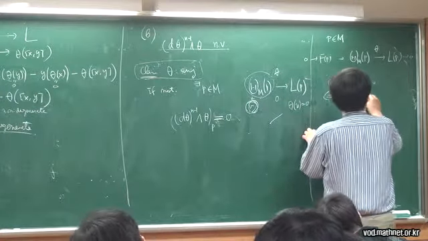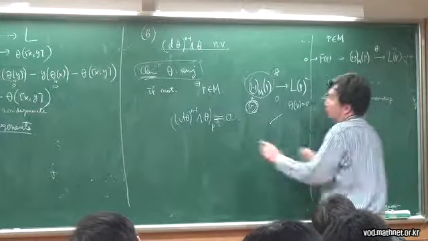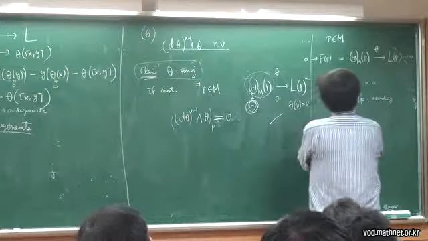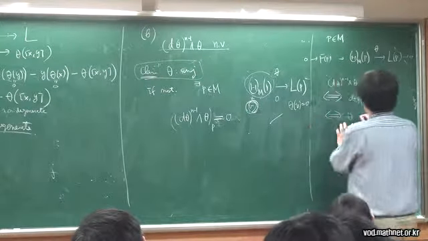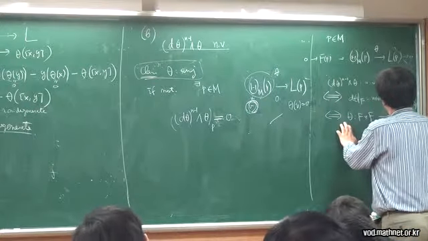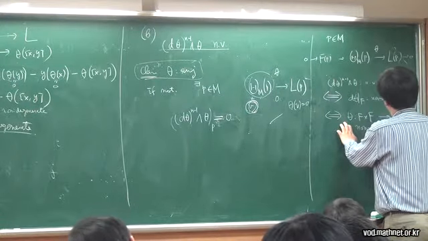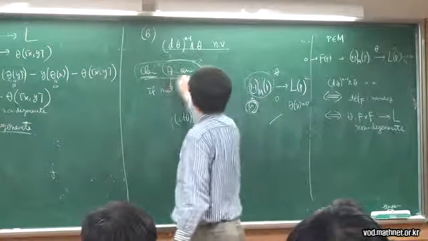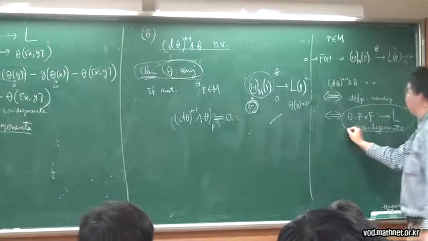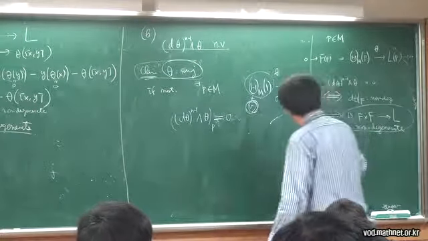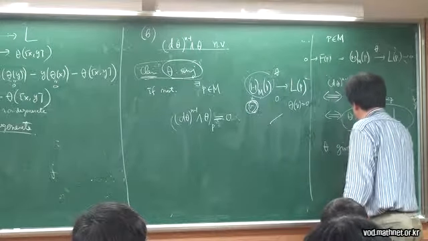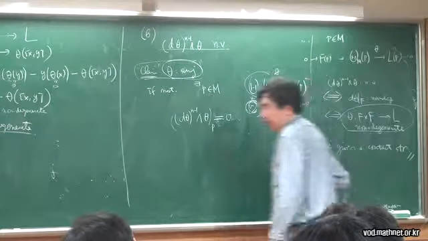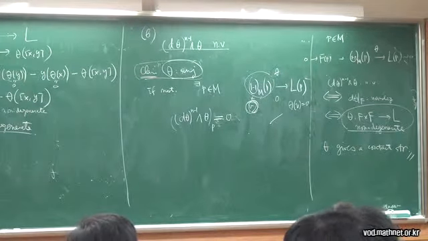By using this formula, this implies that theta f times f to L is non-degenerate. So theta is surjective and this is non-degenerate. So theta gives a contact structure. This gives the equivalence of A and B.